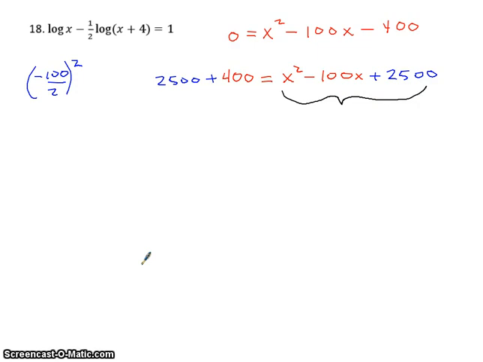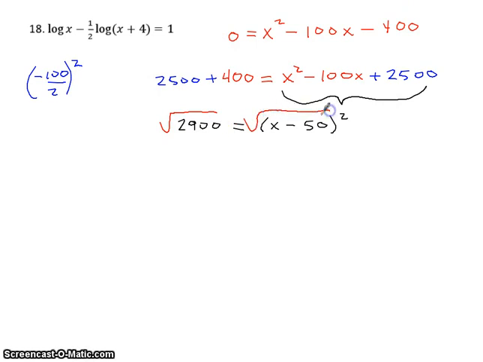So we're going to rewrite that factored into two binomials, multiplied, and on the left we're going to add those two numbers.